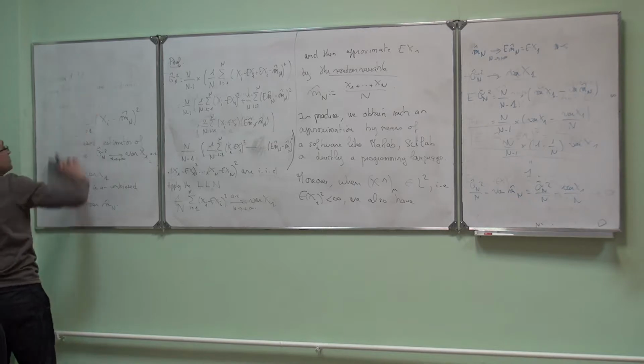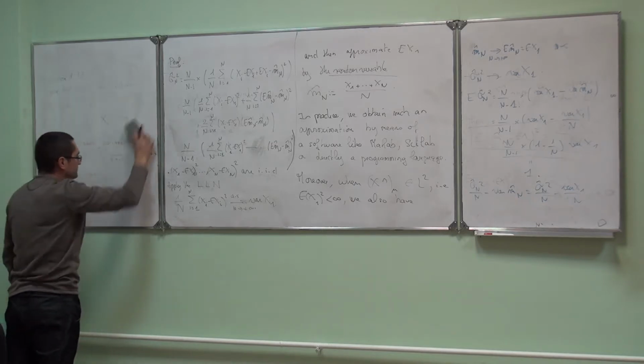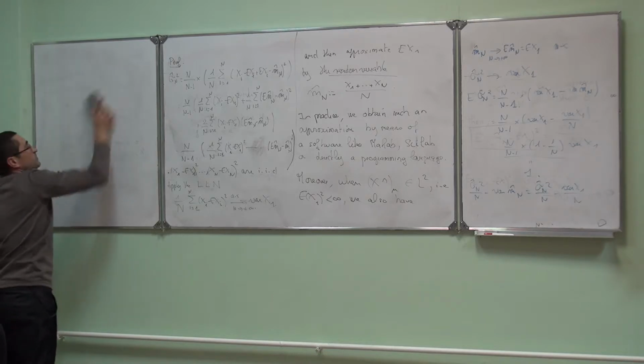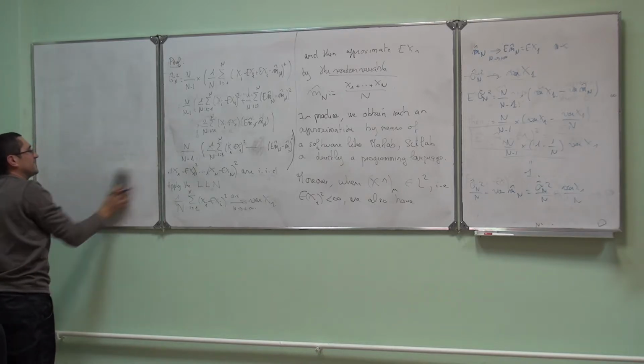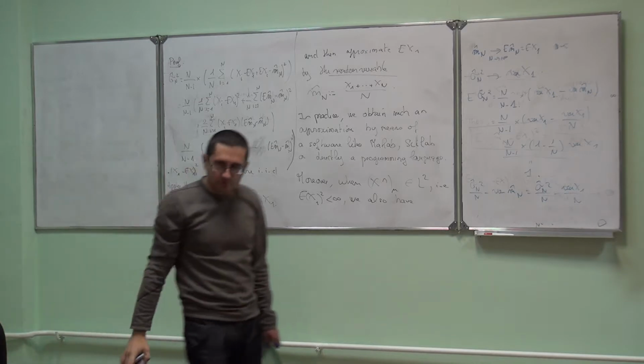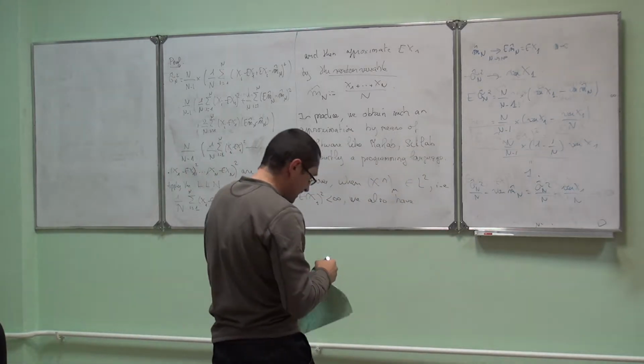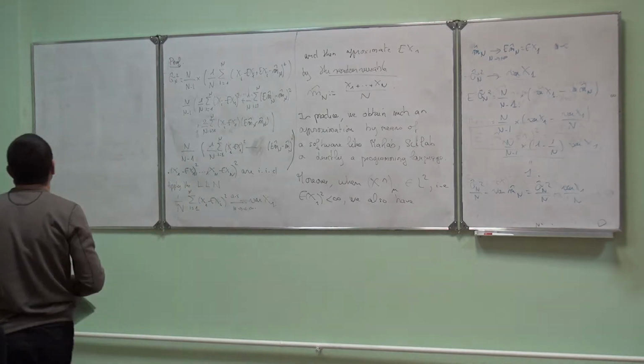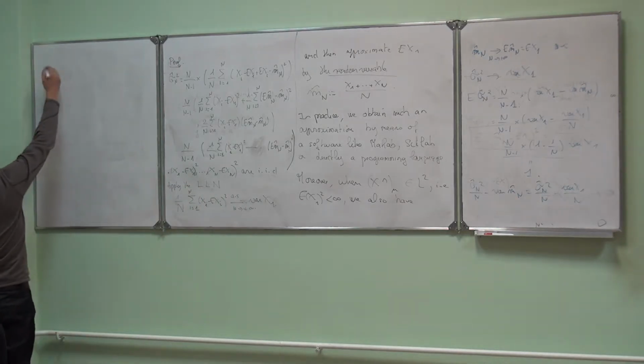We can now easily understand that the variance of the random variable m hat n is very important, and this is confirmed in the following result we know very well.